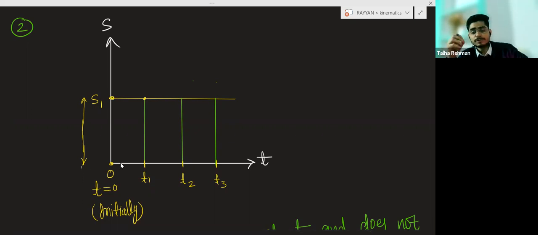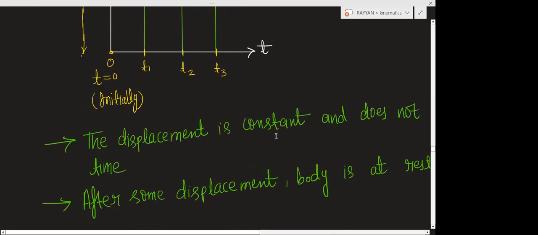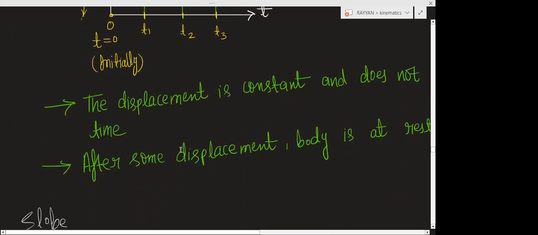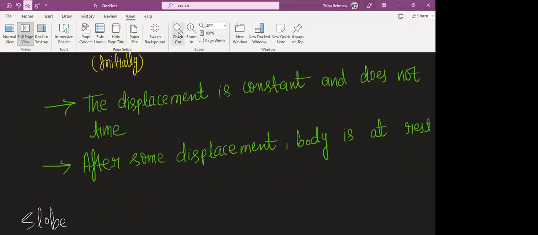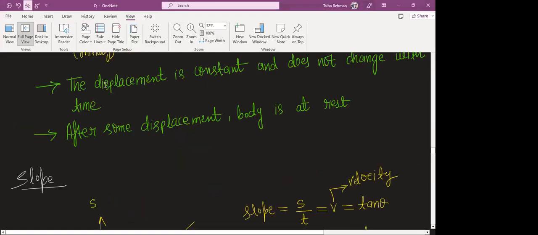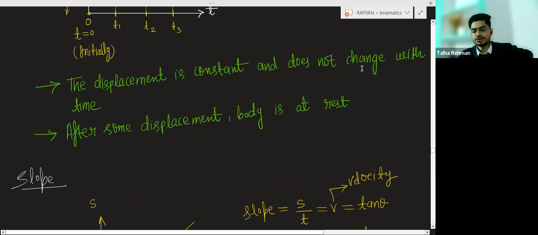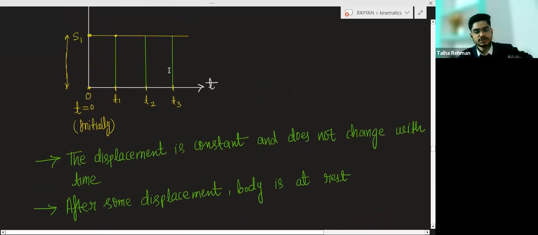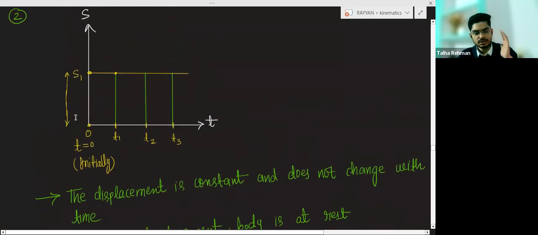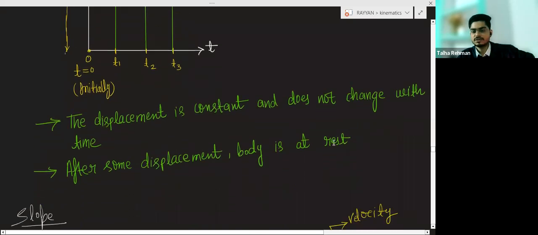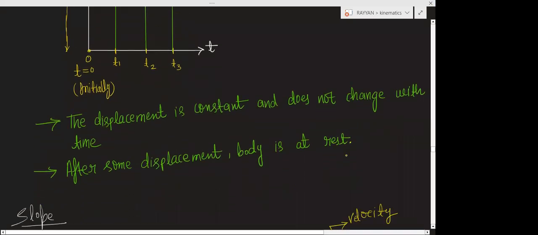You can conclude from this graph, initially the body has some initial displacement, but after that the body is at rest. So displacement is constant and not changing with time. Initially the body has done some displacement, after that the body is at rest.